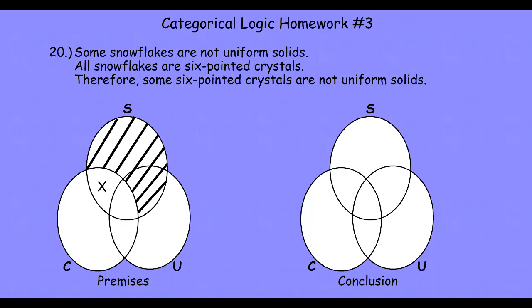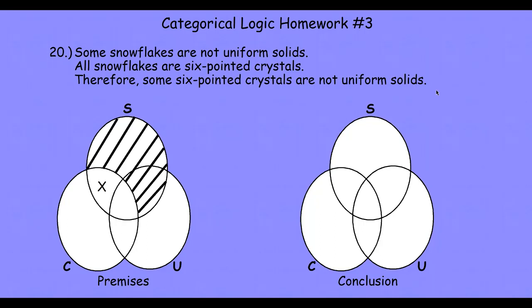There are two places in that C circle where an X could go that are not inside of U. There's the S and C area, and there's the only C area. Nothing about this conclusion dictates one or the other area.